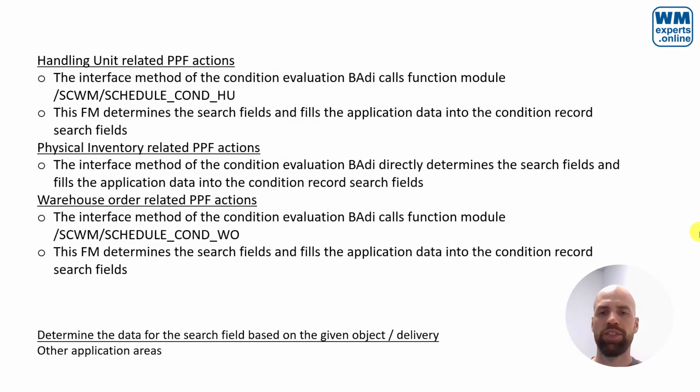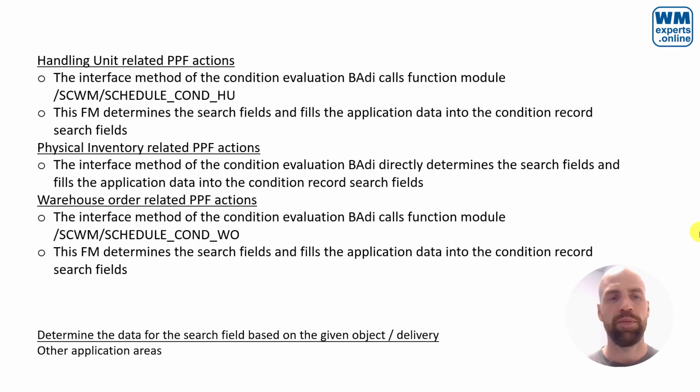class and the method which collects the data for delivery objects. Here is a slide with an overview about the methods, function modules, and so on, where data is collected for different objects.